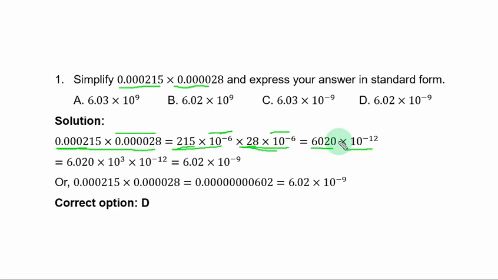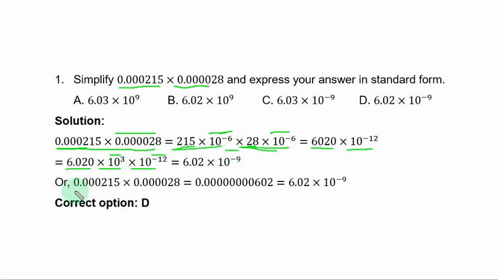If you move the point to between 6 and 0, you have 6.020. Moving from right to left, that is backward, the power is positive. The movement is 3 times, so you have times 10 to the power of 3 times the existing base and power. From the same law of indices, if you add 3 to minus 12, you have minus 9.